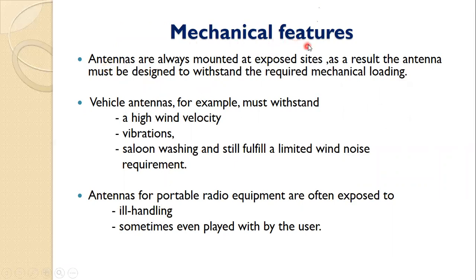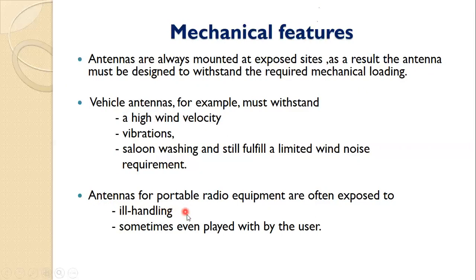Next, what are the mechanical features? Antennas are always mounted at exposed sites. As a result, the antenna must be designed to withstand the required mechanical loading. Suppose you take the example of a mobile tower, it should withstand wind velocities. Similarly, vehicle antennas should withstand high wind velocity, vibrations, and saloon washing, and still fulfill a limited wind noise requirement. They should give good performance in this kind of environment.